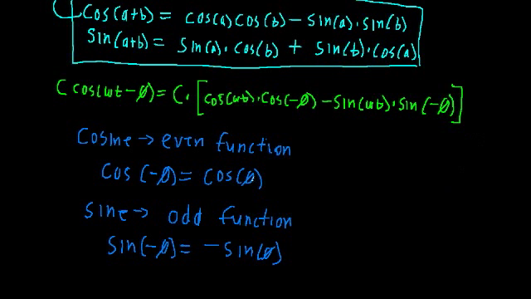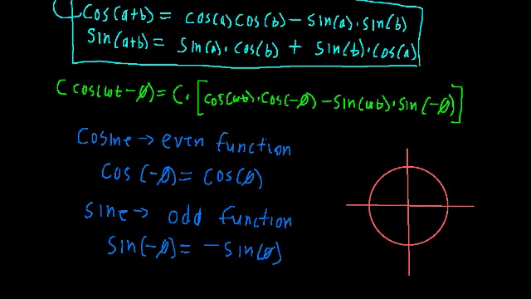Now this is actually fairly handy and fairly quick to prove, so we're just going to do it right now. Let's go back to our unit circle in order to show where we got this. So here's our circle. Here's our y-axis, and here's our x-axis. Since it's a unit circle, the radius of this circle is 1. Now let's say that we have an arbitrary angle phi from the x-axis.